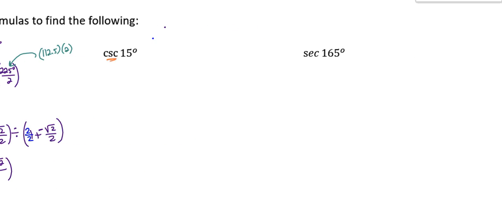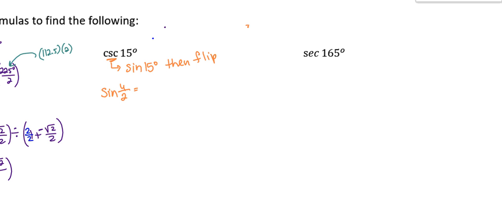Okay, cosecant. We don't have cosecant formulas, but we do have a sine formula. So we're going to find the sine of 15 degrees, then flip. All right, so 15 degrees, that means we're going to do a half angle formula. You could also do a sum or difference, yes, but we're practicing half angles, so we're going to go with that.